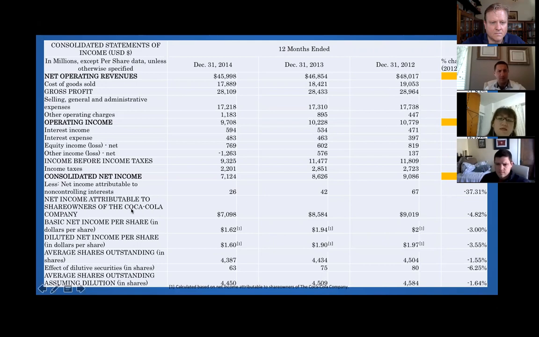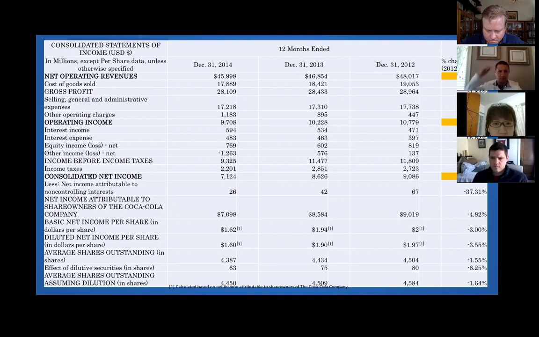So this is basically the same income statement, but I've added one last column, which is the percentage change from 2012 to 2013. And if you look at line items, you start to see certain trends. For instance, the first item, which I've highlighted in orange, net operating revenues, has decreased by roughly, or rather, 3%. And then if you look at operating income, the next item highlighted in orange, it has dropped by 5%.